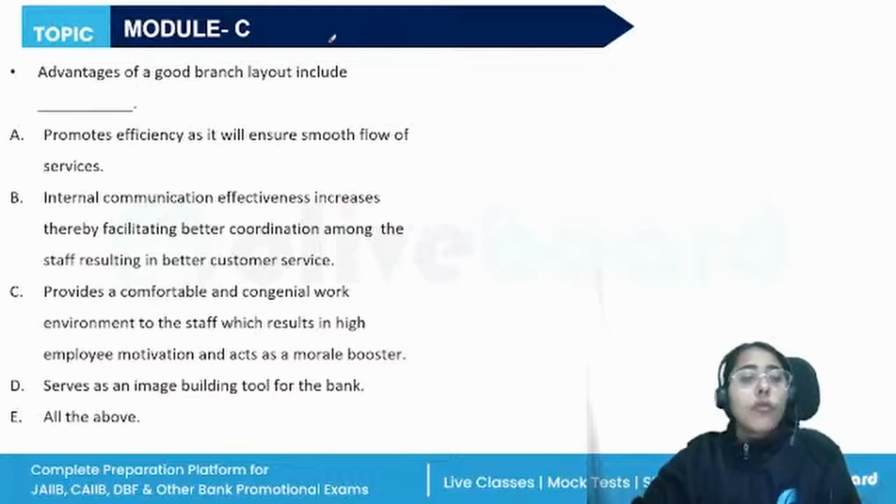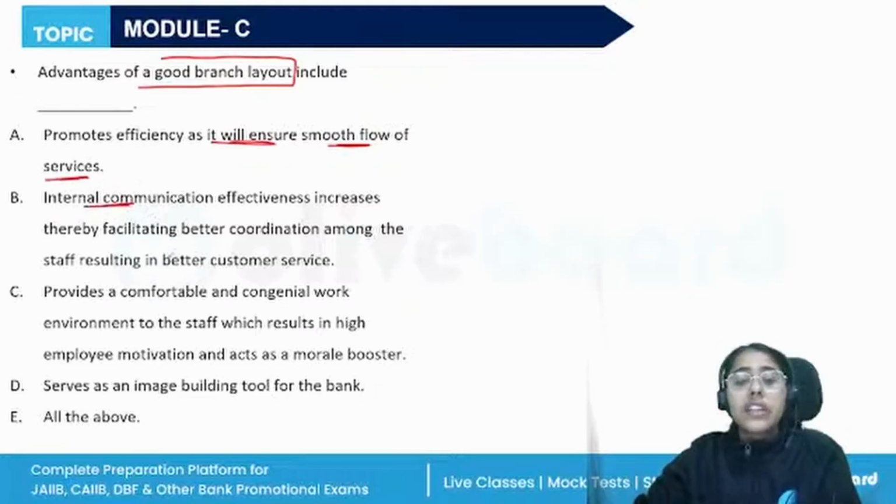Next question. What are the advantages of a good branch layout? So now when we are talking about the physical channels, physical delivery model, we have the branch. So what are the advantages of having a good branch layout? It promotes efficiency as it will ensure the smooth flow of services.